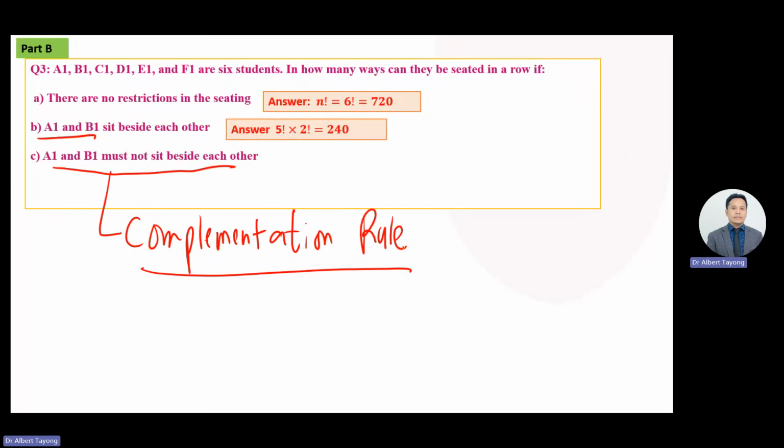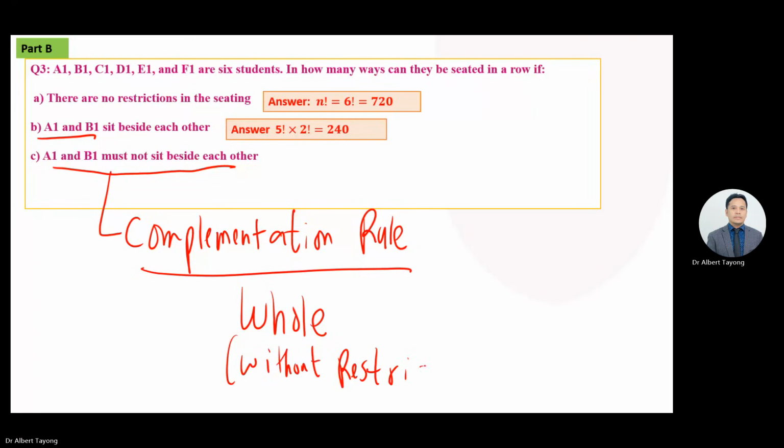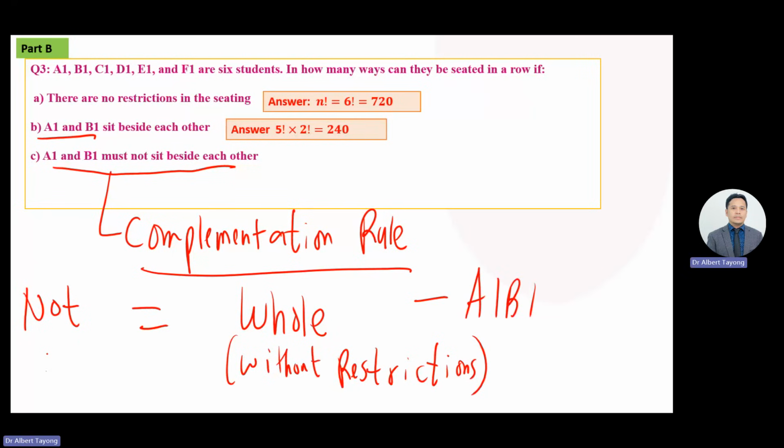Right, so using the complementation rule, we have the whole, that means without restrictions, minus the opposite. So not A1, B1 is equal to the whole minus A1, B1.